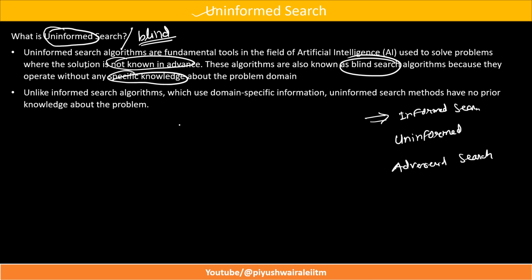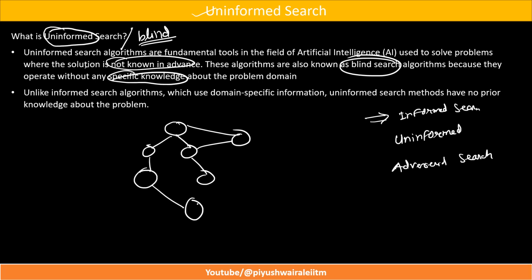Suppose, for example, let us take the same example of a graph. If we have a graph like this, this is, say, my initial state and this is my final state. I want to go from I to F. In the case of uninformed search, I only know this is my initial state and this is my final state.